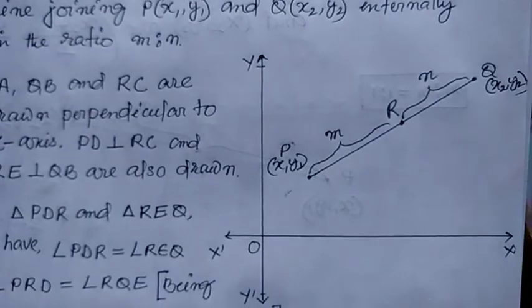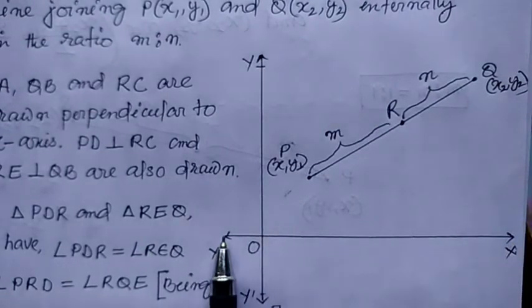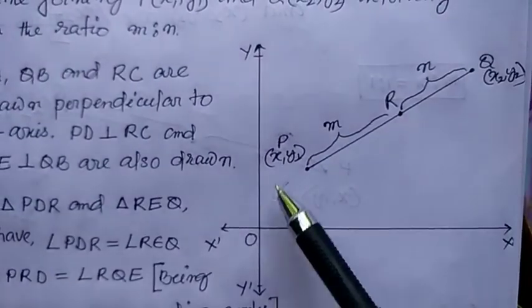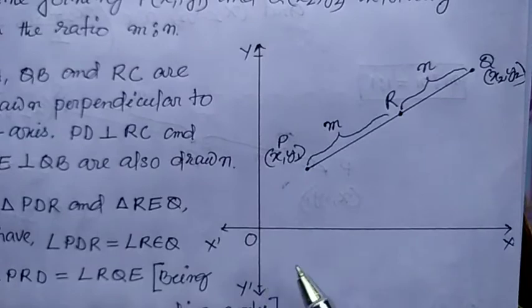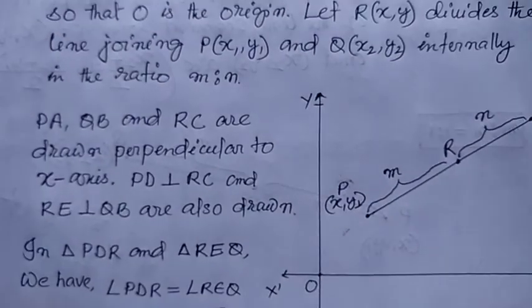So here we have taken X'OX to be the x-axis and Y'OY to be the y-axis, and these two axes intersect at O. The origin here is O. Then let's continue.